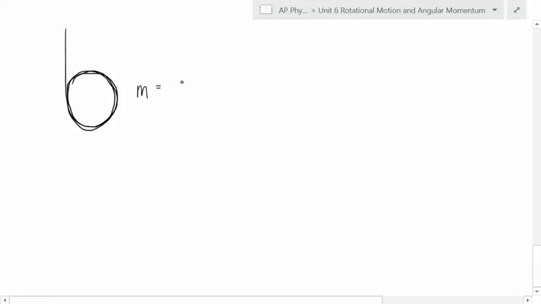Was it 1 kilogram? Yeah, it's like a yo-yo. So 160 grams, and the radius is 0.025 meters. Okay, good.